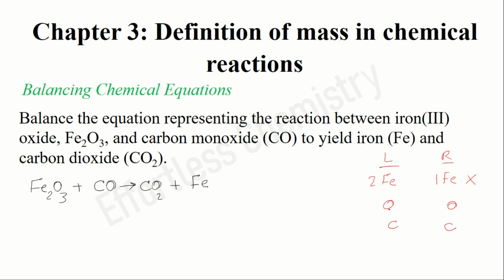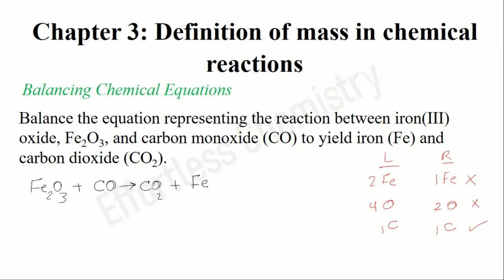Regarding the oxygen, we have 4 on the right and on the left side 2, and again it's not balanced. The condition is only fine for carbon, 1 carbon, 1 carbon, so it is the only thing which is balanced.